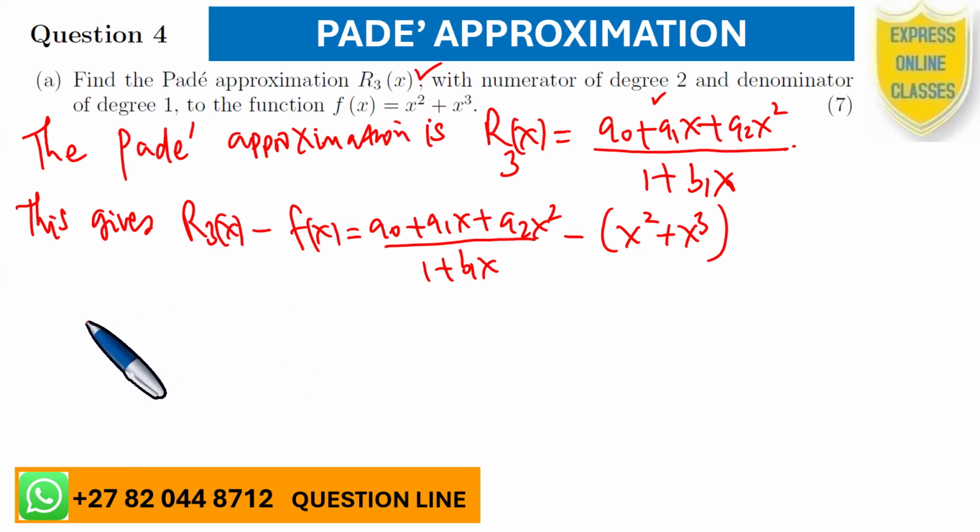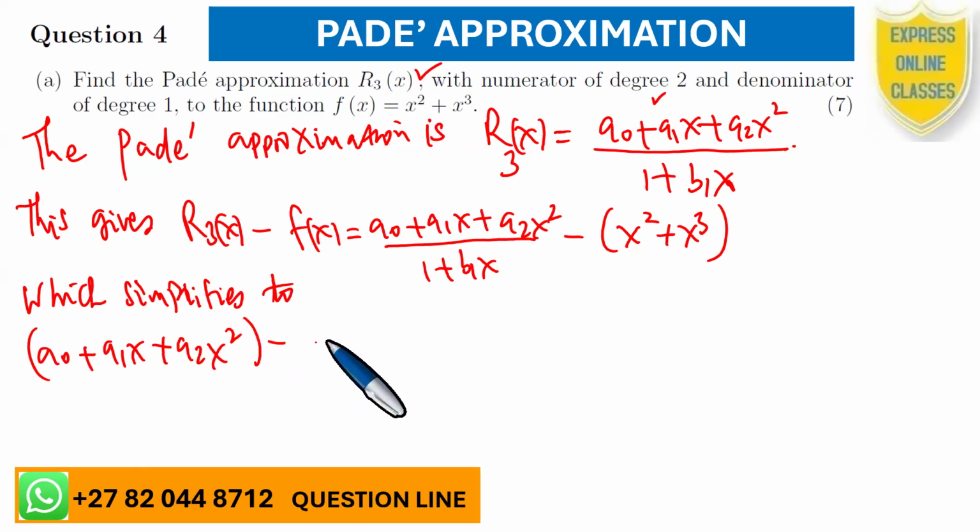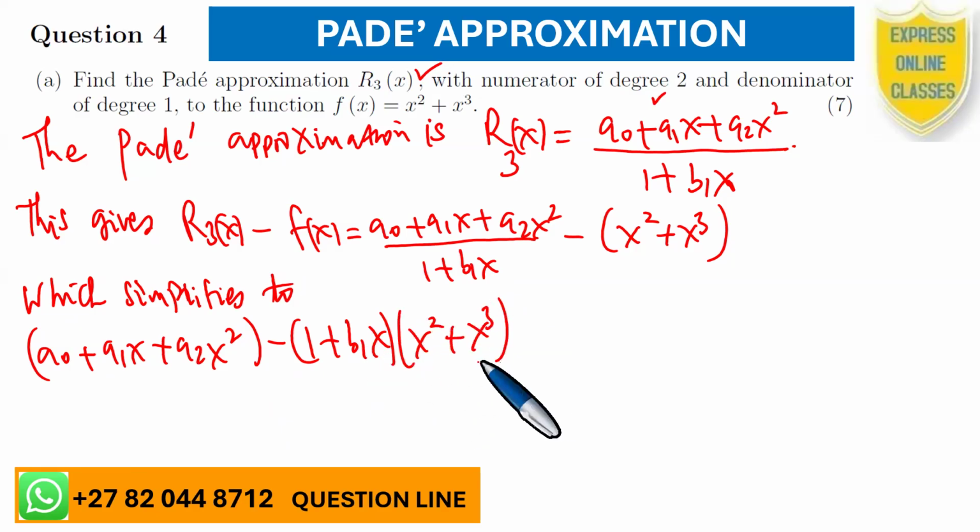If you have this, which simplifies to a naught plus a1x plus a2x squared minus, if you cross multiply this thing, you have 1 plus b1x times x squared plus x cubed.